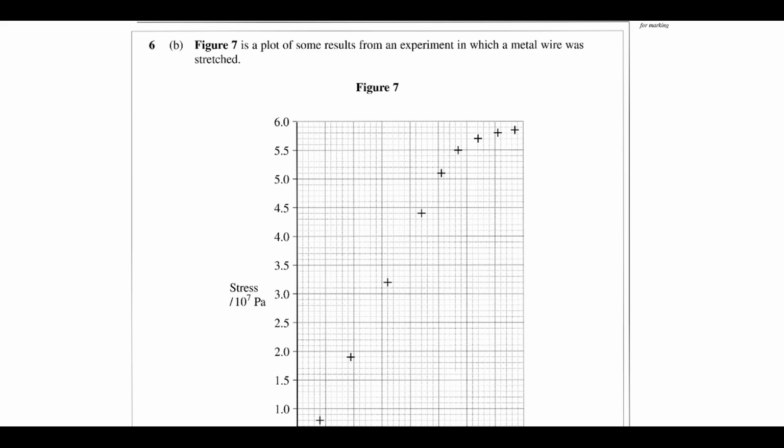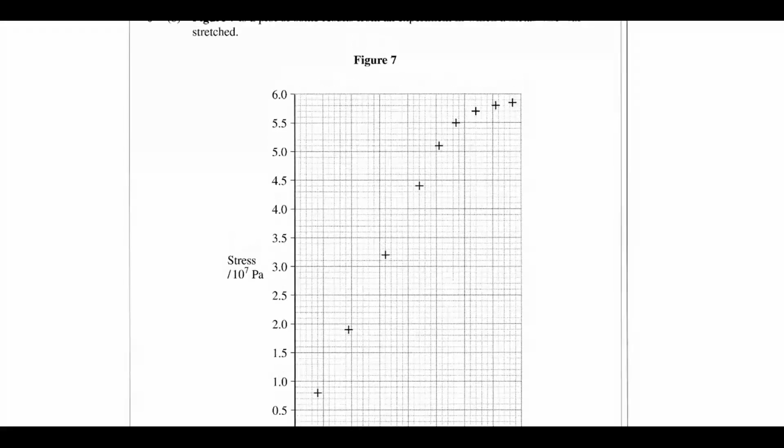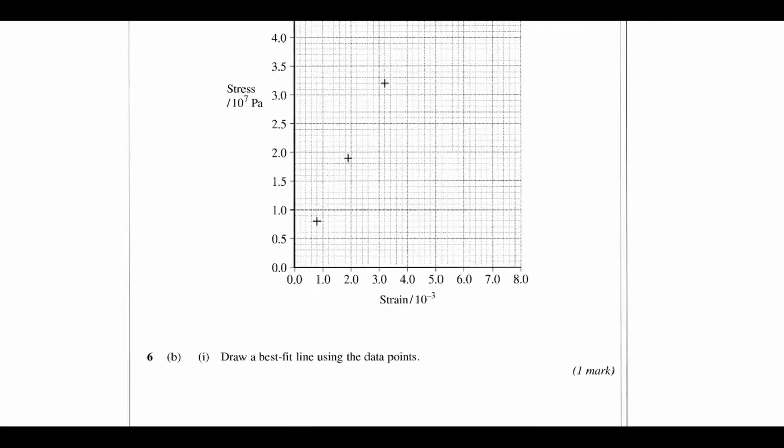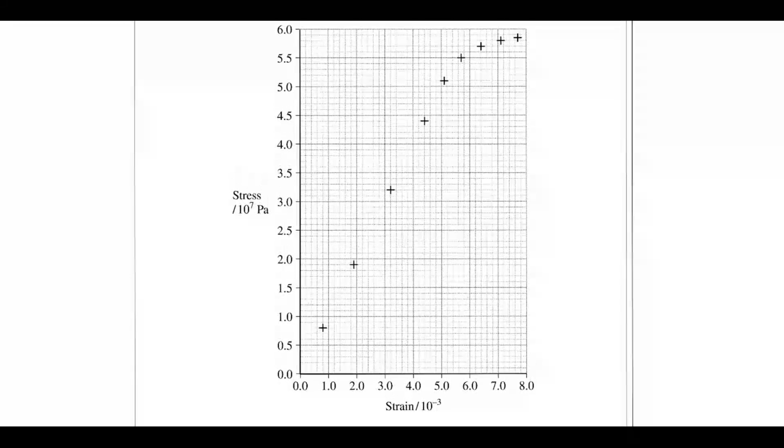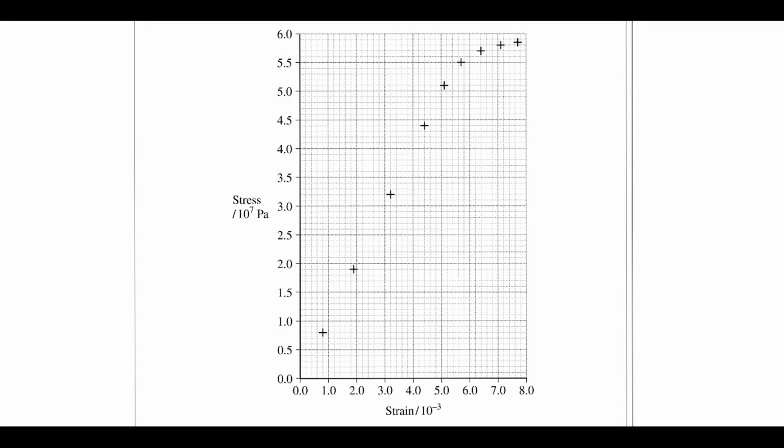So carrying on, we've got a plot of stress against strain here, and we draw a best fit line using the data points. This is going to be pretty tricky on this tablet, but let's give it a go as best you can. It's going to be a straight line to start with, and then it's going to curve off.